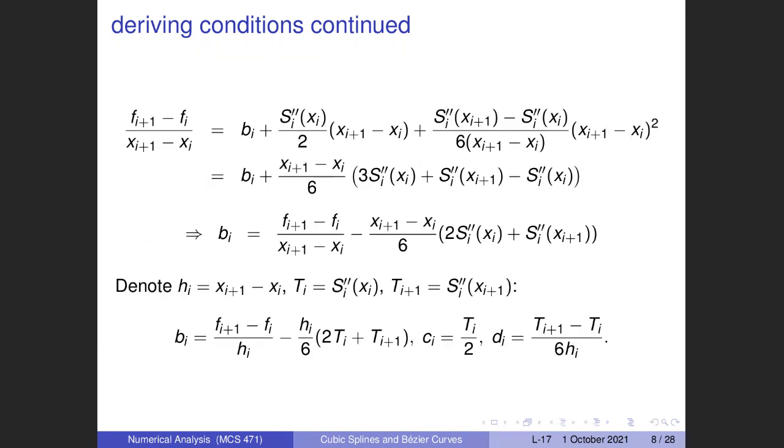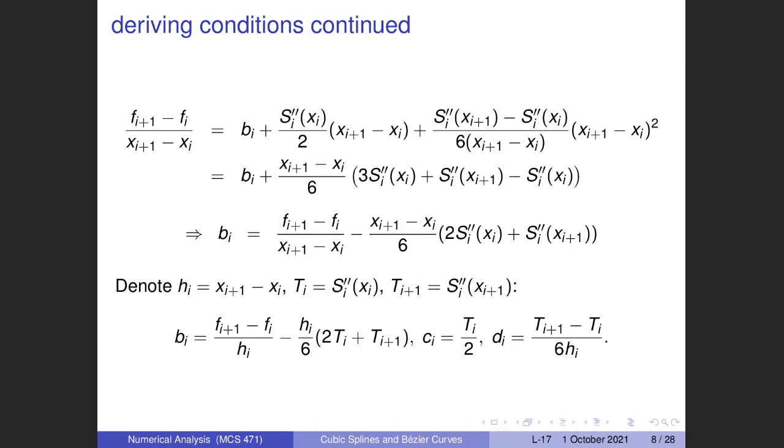All right, let's continue rewriting this. So we rewrite the previous expression at the bottom of the previous slide. And we can see that we can simplify things a little bit. So we can try to get the divided difference back in there.